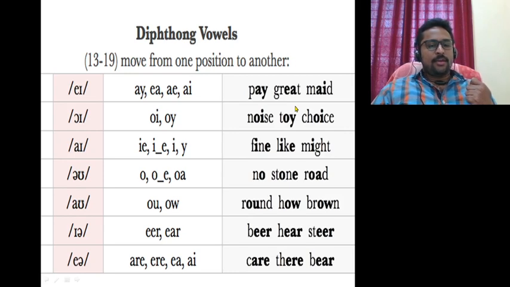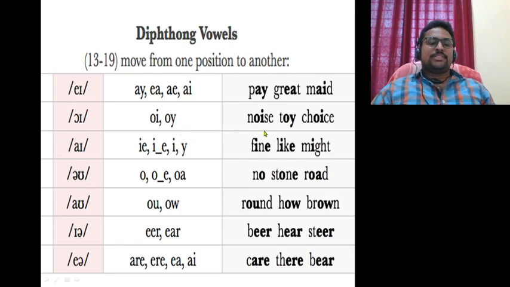Nice. Late, eat, day. Okay, pay, great, made, day. Right? Go for the OE. This one is O-E, as in noise, toy, choice.